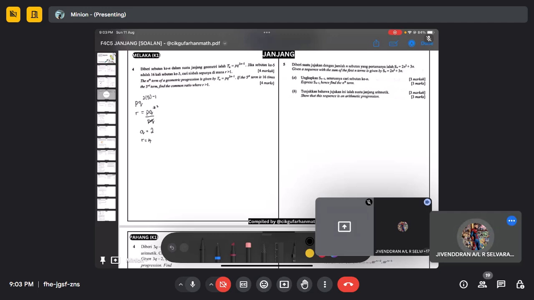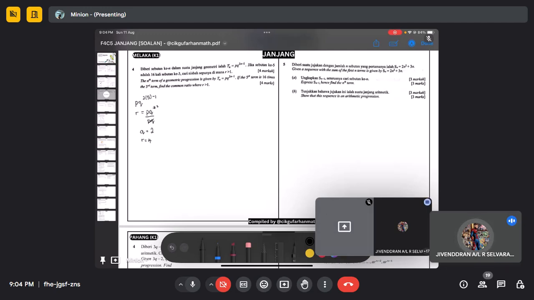So you will get Pq to the power of 2 in bracket 5 minus 1 equals 16 Pq to the power of 2 in bracket 3 minus 1, and then you can simplify and you will get the value q equals 2.